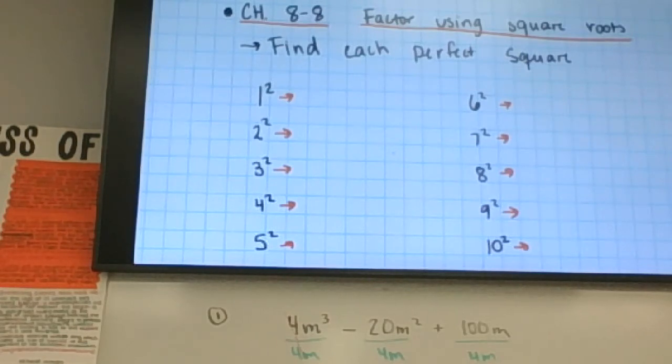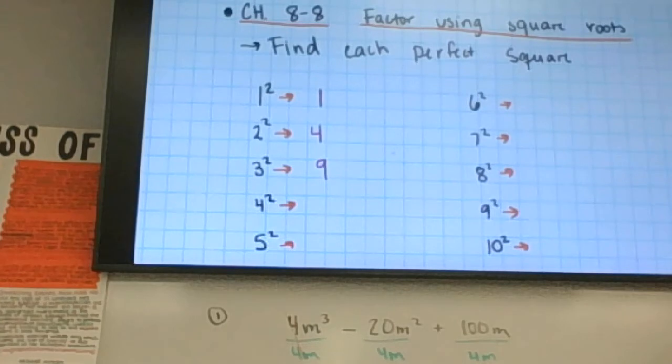So 1 times 1 is 1. 2 times 2 is 4. I mean, really, you should just kind of know these by heart, right? So you're going to make a list now, with the goal of, within the next few days, knowing these off the top of your head pretty quickly. 3 times 3 is 9, of course.